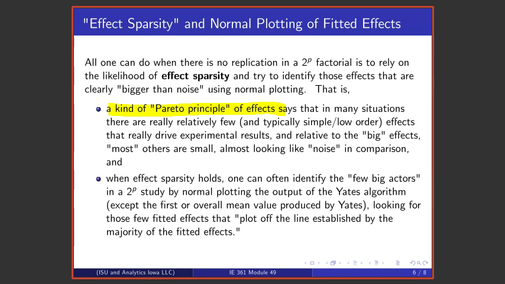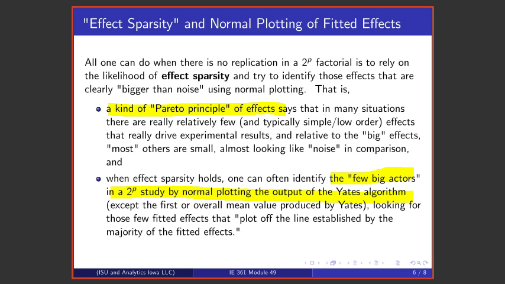When that effect sparsity holds, a way to try to identify the few big effects is to do normal plotting of the output of the Yates algorithm. So take the fitted effects for the all-high treatment combination, the A2, B2, AB22, C2, and so on, and normal plot them.